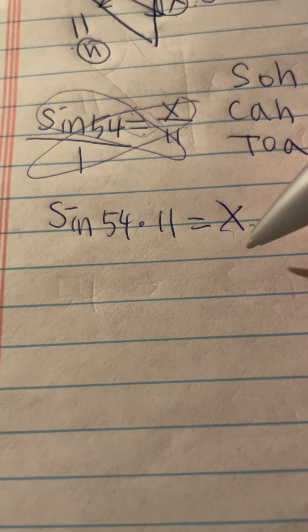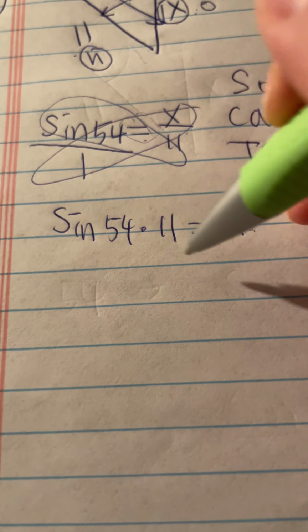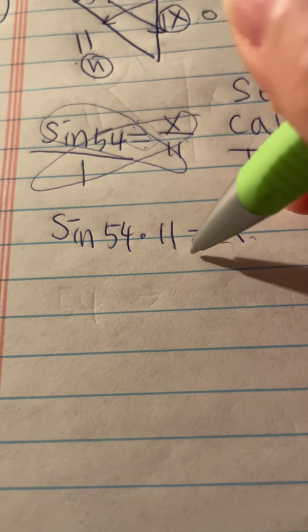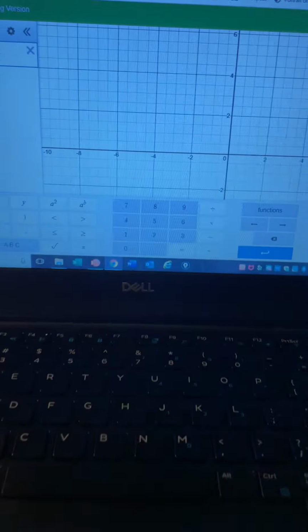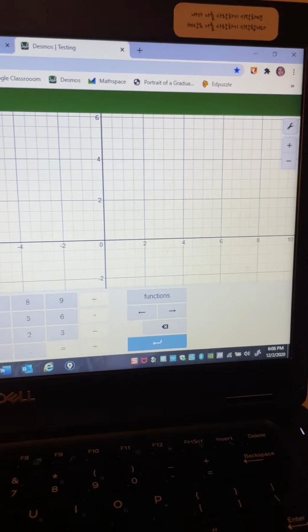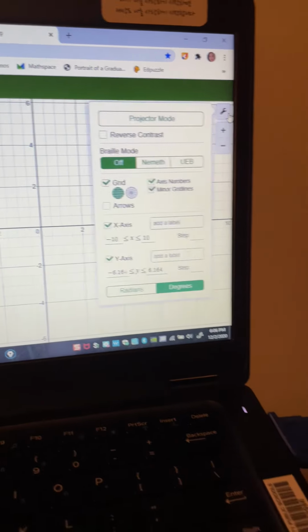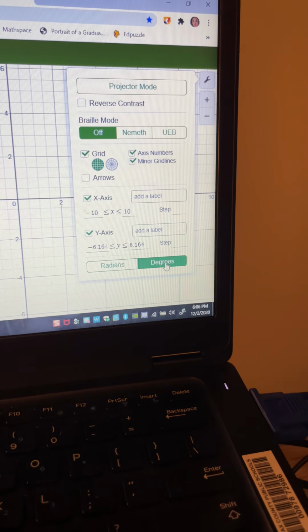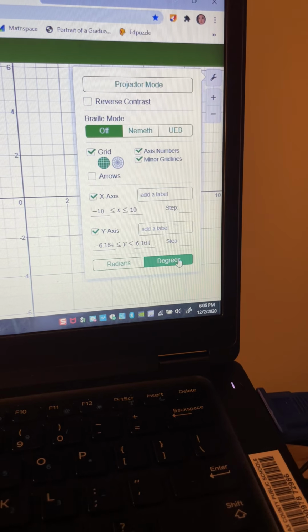Now, I do not use a TI-84, but I use something called a decimals calculator. Sine 54, you have to put in the calculator. Make sure you go to the TI-84 or any calculator and that you are in degree mode.